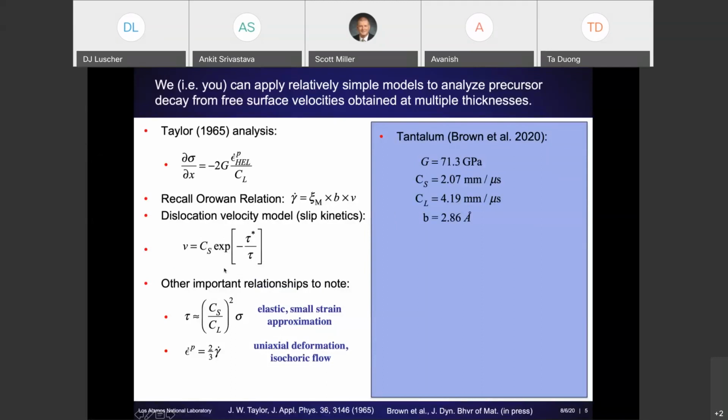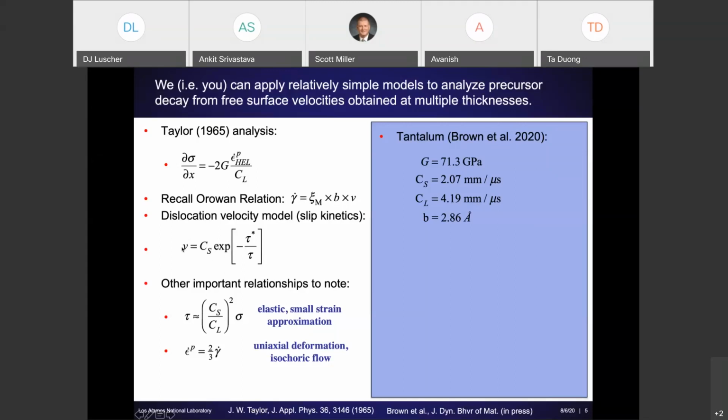Okay, good. So I just provided a dislocation velocity model, and this is actually one that comes from the paper that we're borrowing these relations from, which is an early analysis from Taylor in 1965 on this problem.